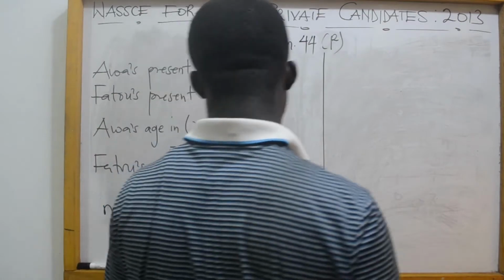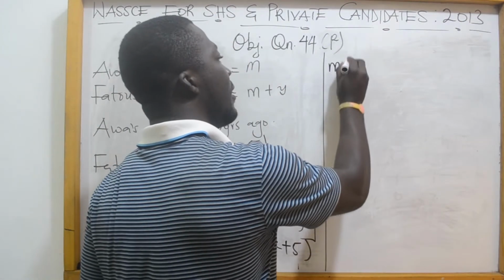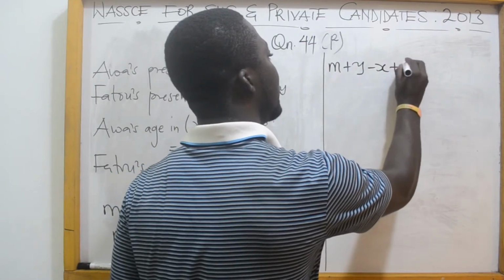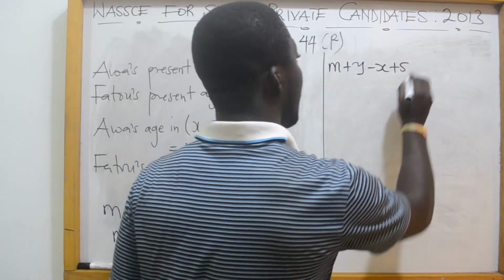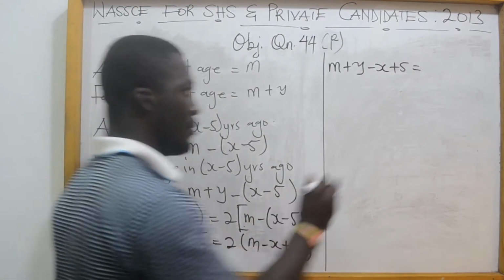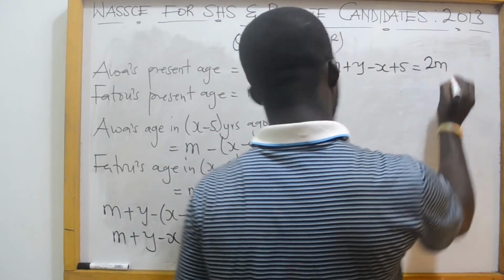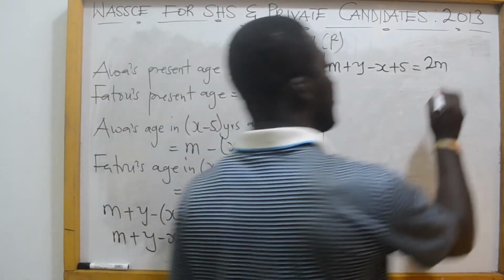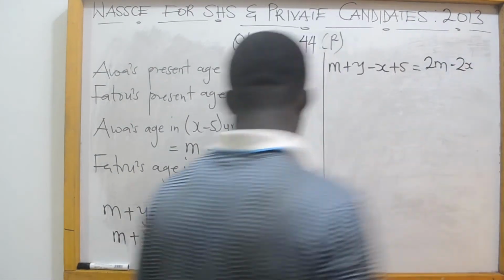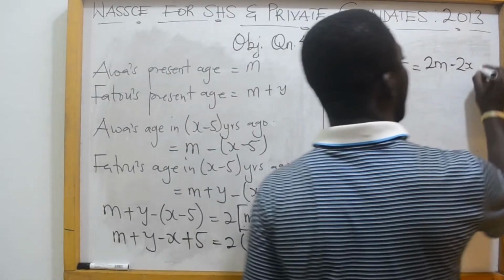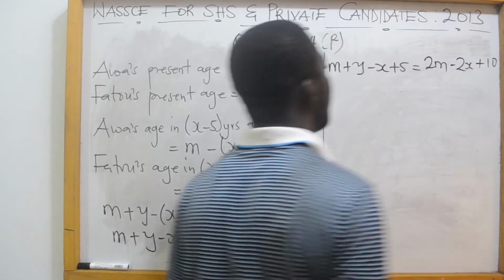When you continue, you have m plus y minus x plus 5 is equal to the expansion: 2 times m is 2m. Then 2 times negative x is negative 2x. Then 2 times 5 is 10, so plus 10.